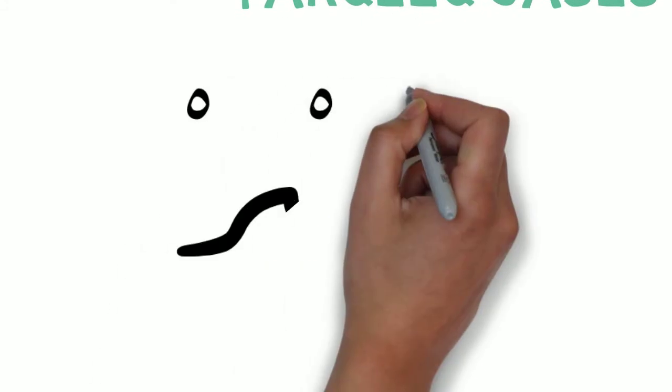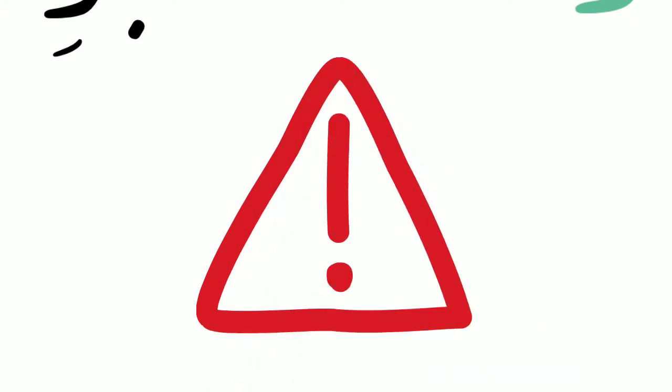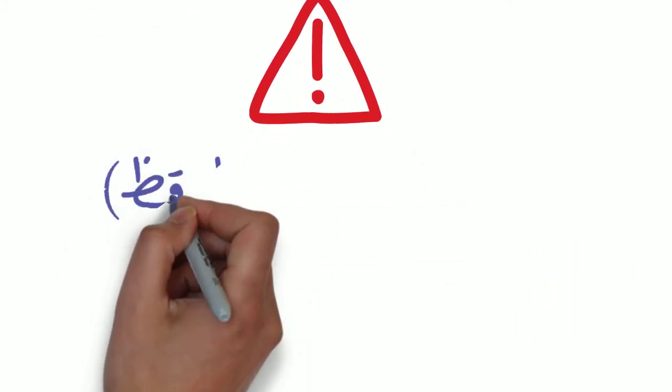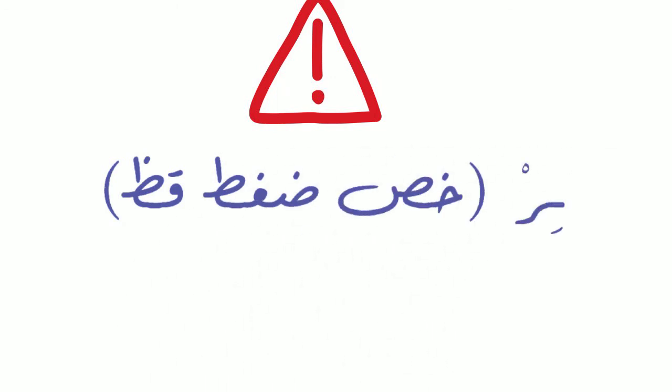And the last case is when Ra itself has sukoon, the letter before it has a kasra, such as in the word isbir. In that case, it should be pronounced as a tarqeeq letter. That, however, has an exception. The exception to this rule is when the letter after the Ra is one of the tafkheem letters.